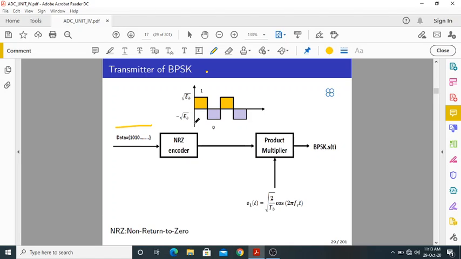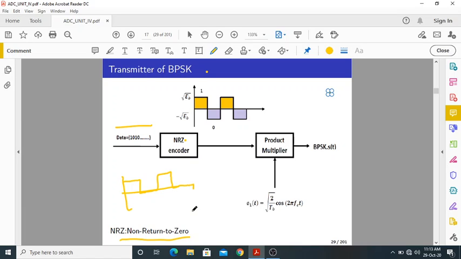There are many varieties of encoders. This is called an NRZ encoder, non-return to 0. Suppose 1 0, I can write like this also. This is 1, this is 0, this is 1, this is 0.